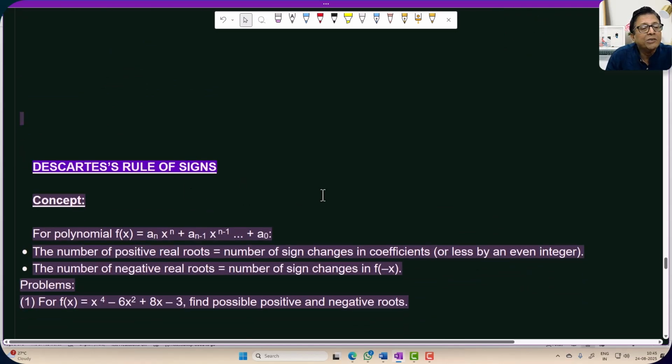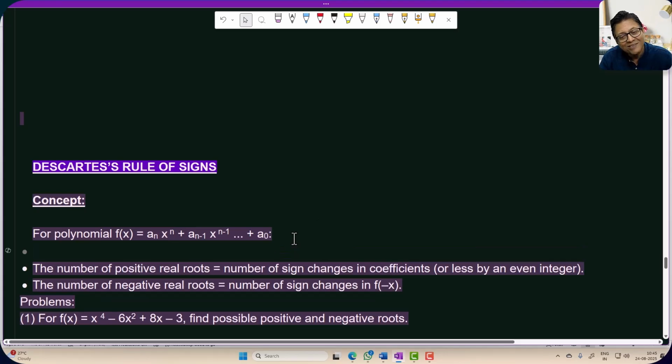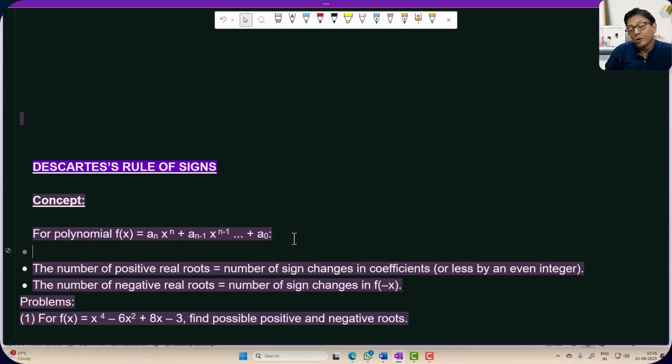Now we are in a position to start Descartes' rule of signs. Rolle's theorem gives location of roots. Intermediate value theorem gives location of roots. In Descartes' rule of signs, you can state the number of real roots, not the location.